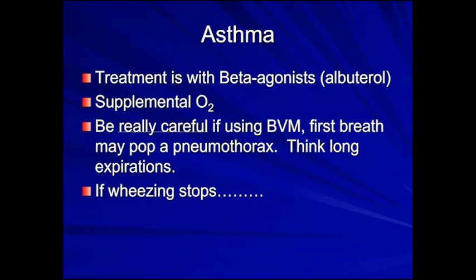You have to remember that asthma is not a problem of getting air in, it's a problem of getting air out. So if you have to provide any mechanical ventilation, be sure that you extend the expiratory phase. That may mean that you have to take a longer amount of time in between breaths so that little chest can hopefully push some of the air out.